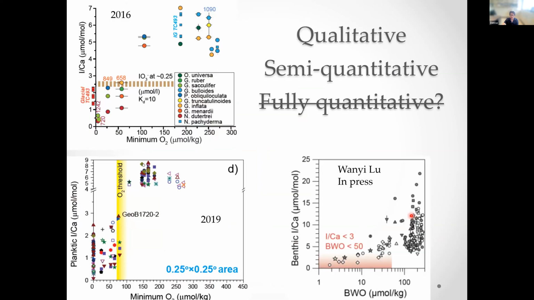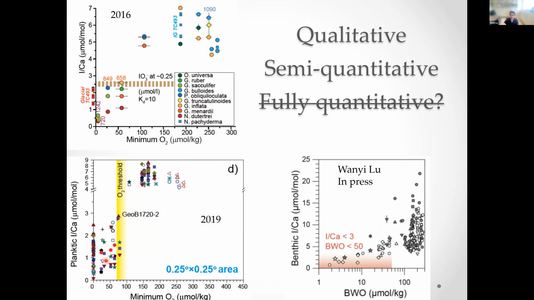The next thing I want to quickly mention is how to interpret the low iodine values. This is the first core top data set that we did in 2016, and this is what we did in 2019.